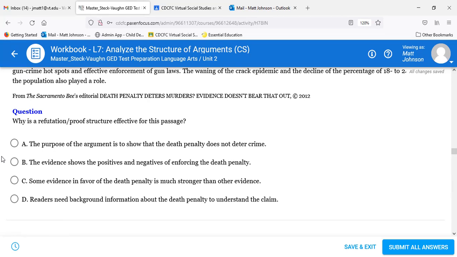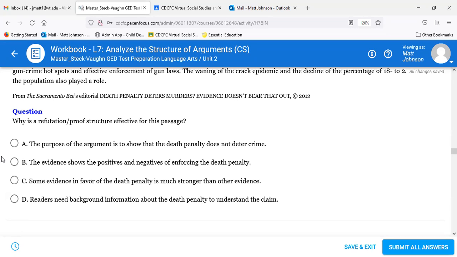B, the evidence shows the positive and negative of enforcing the death penalty. C, some evidence in favor of the death penalty is much stronger than other evidence. D, readers need background information about the death penalty to understand the claim.